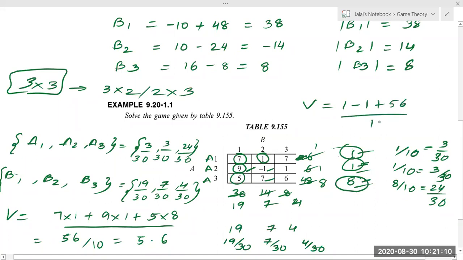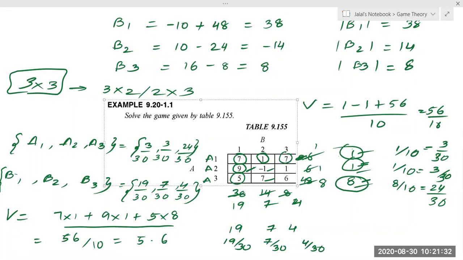Again divided by 10. What you are getting is 56 by 10. You could have even done it by this method. 7 into 1, 7. 1 into 1, 1. So 7 plus 1, 8. Then 48 again. Then it is coming out to be 56. This is one way. I hope everyone is getting what I'm saying.